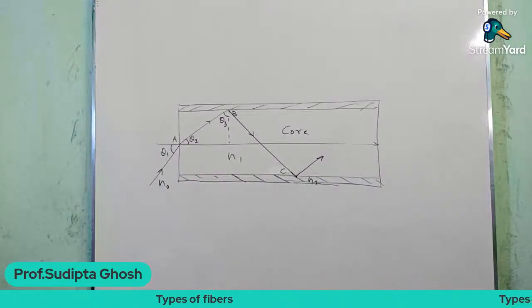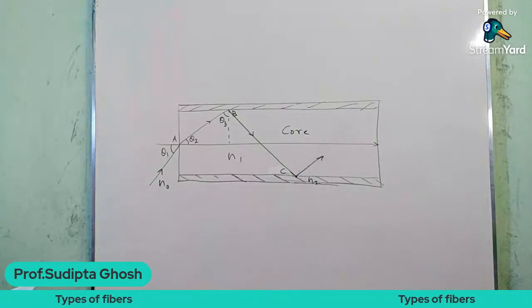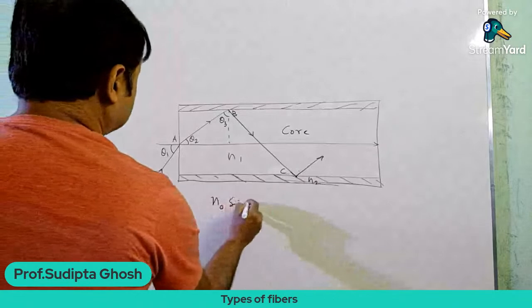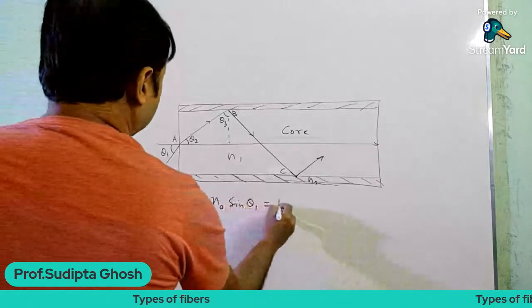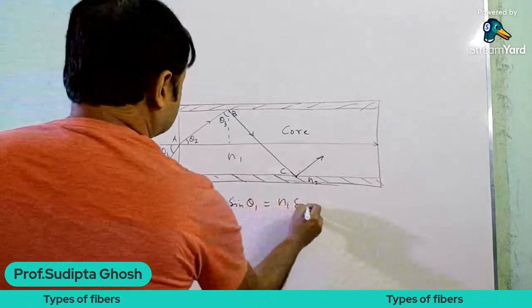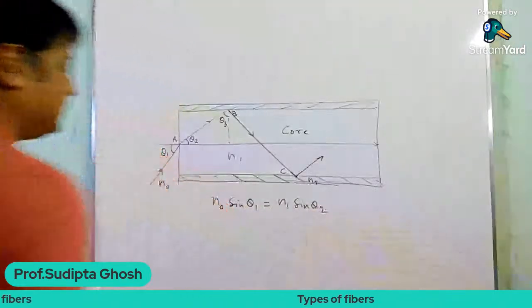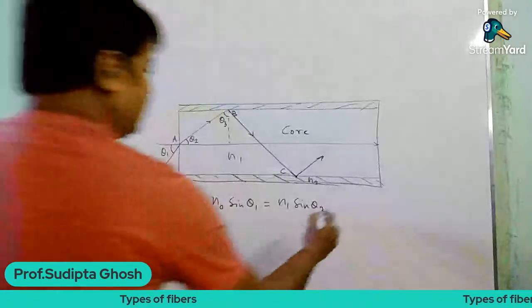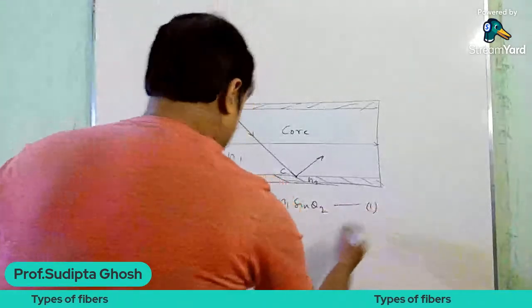So by using Snell's law, we can write N0 sin θ1 = N1 sin θ2. Let it be equation number 1.